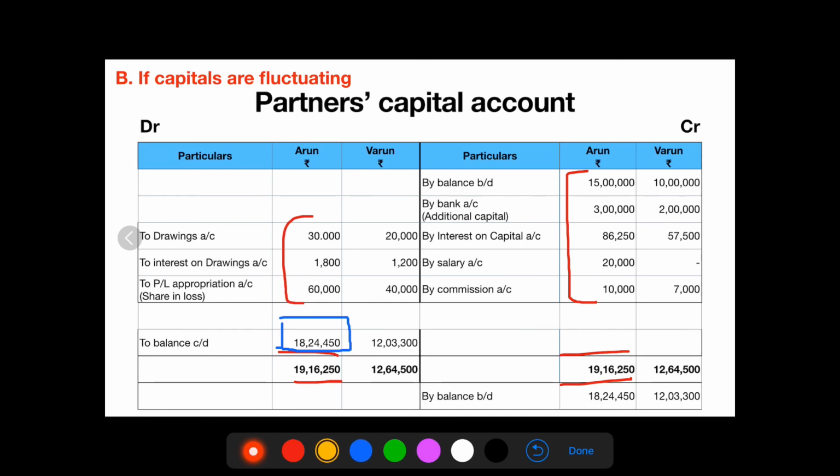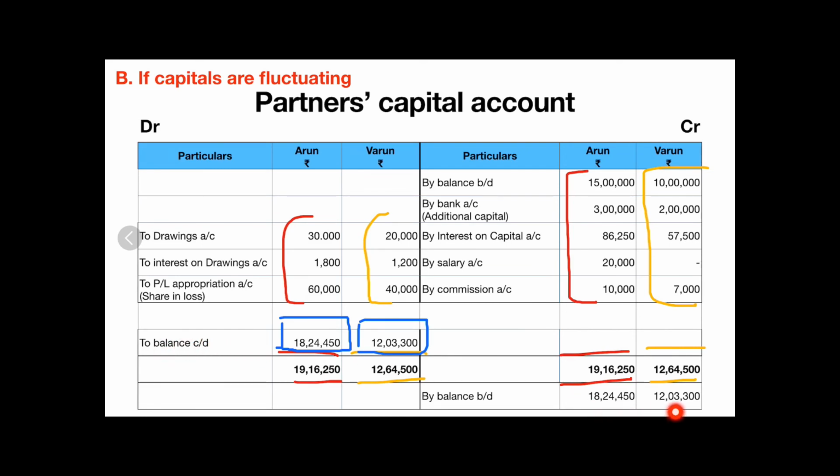Proceeding further for Varun, the debit amounts with that of the credit amounts. The credit side is more than the debit side. So we will write the credit total on both the sides, that is 12,64,500 minus 20,000 minus 1,200 minus 40,000. We will get a balance of 12,03,300. The same balance is being brought down for the year ending.